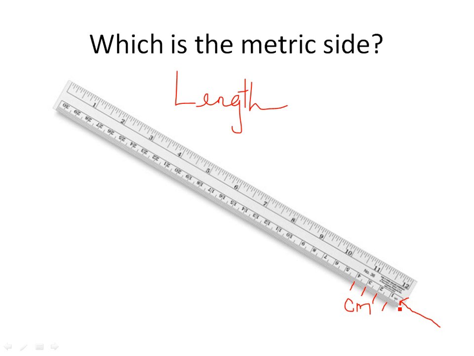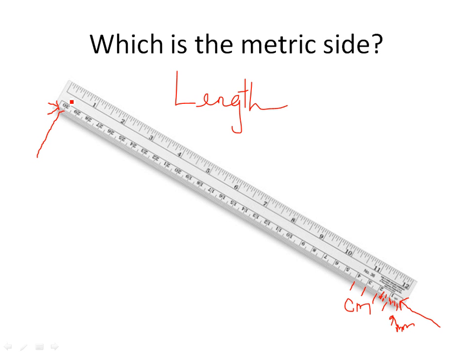Each individual little line, see all these teeny little lines? Each individual one is 1 millimeter. So you can see this ruler is about 35 units long. Or 30.5 centimeters.